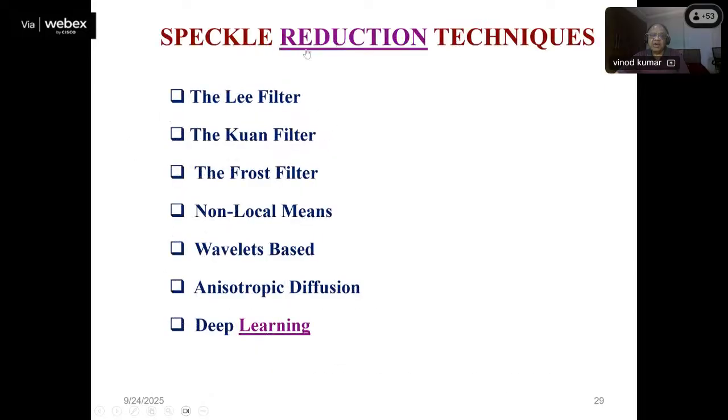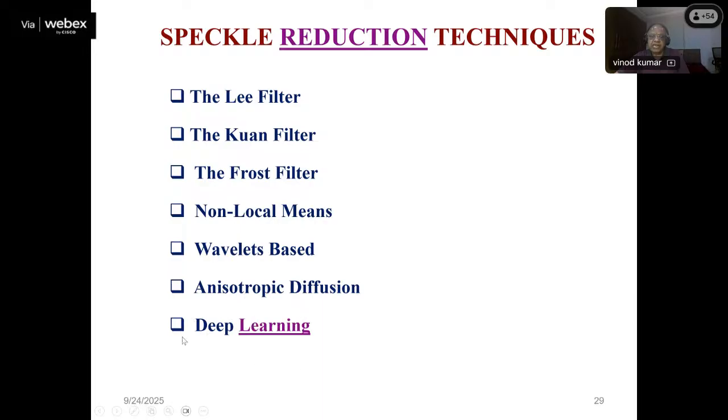Basically, how speckle reduction can be done, you have to use a particular type which is best suited to your application. At that time, this work was mostly around 2014 to 2016, so anisotropic diffusion was very common and more appropriate.